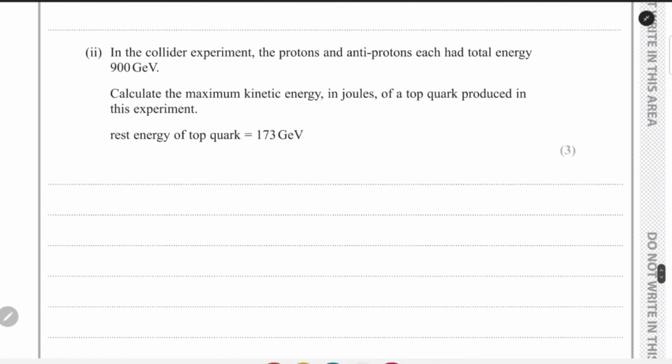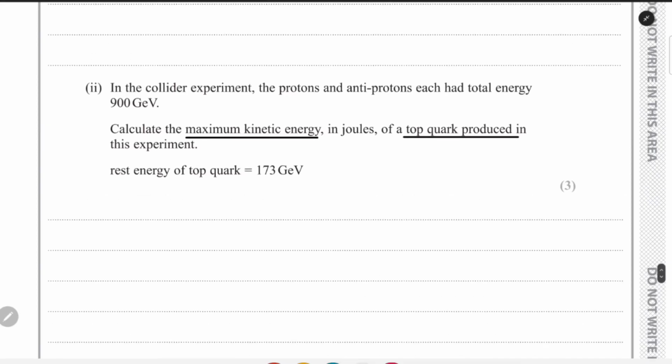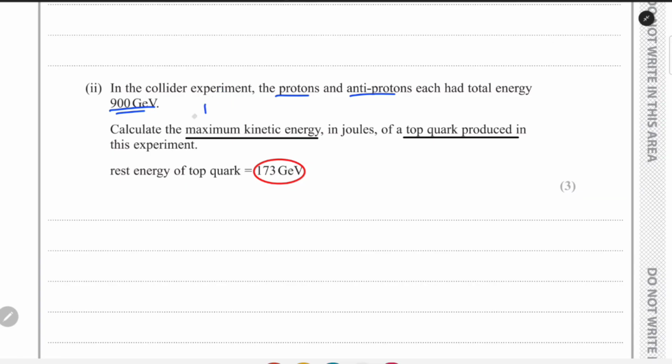Now we are given a calculation question where we have to calculate the maximum kinetic energy of a top quark produced in the experiment when a proton and an antiproton of total energy 900 giga electron volts each collide. We have the rest energy of the top quark being 173 giga electron volts. So the kinetic energy over here will be 900 minus 173. In this case, you can think that the total energy before collision was 900 times 2.